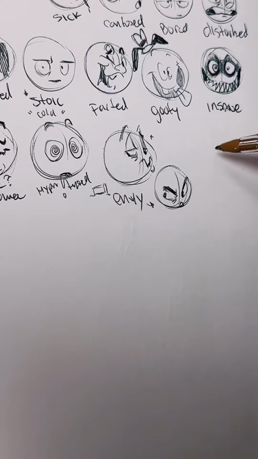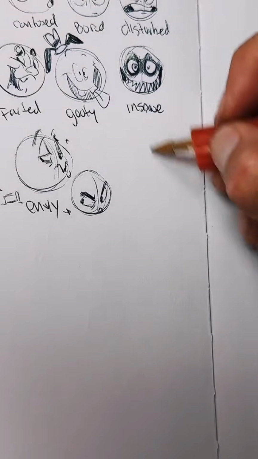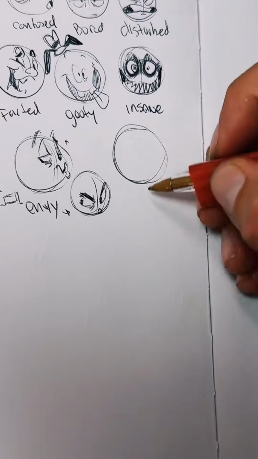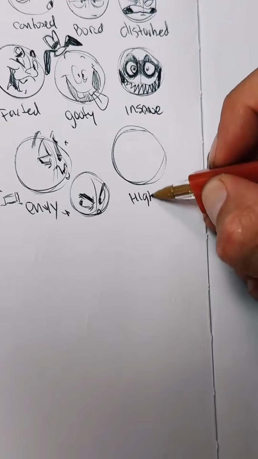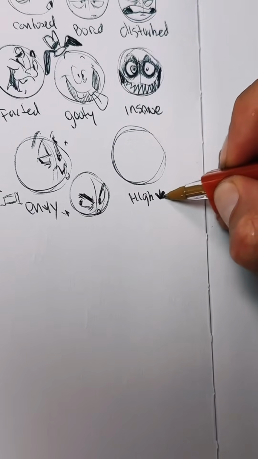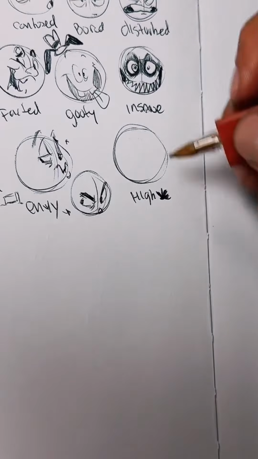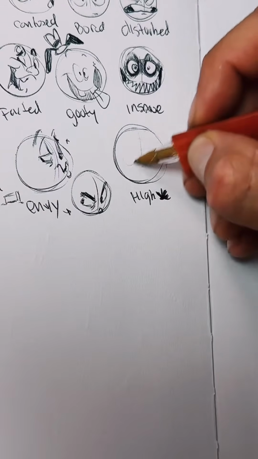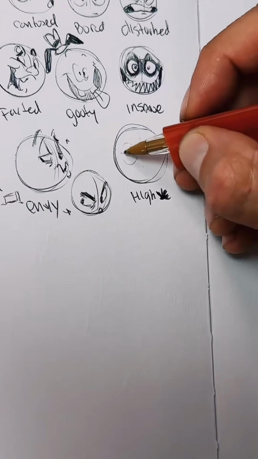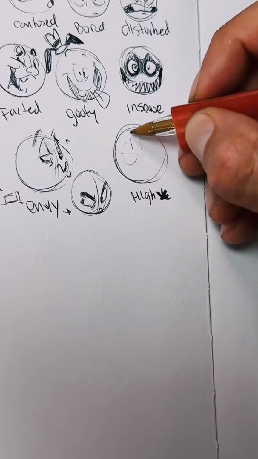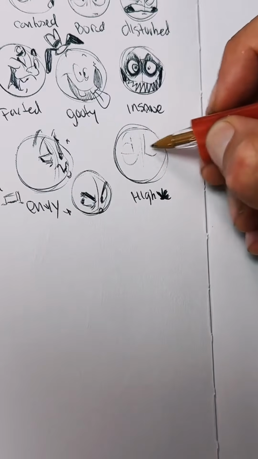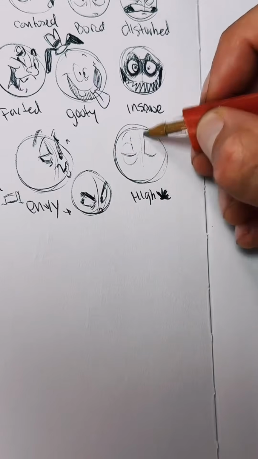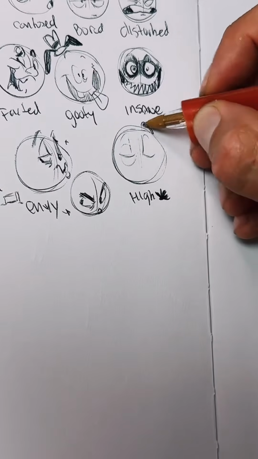High. Okay, let's draw high. Let's see what happens when you're high. Your eyelids become really heavy. You become super chill.